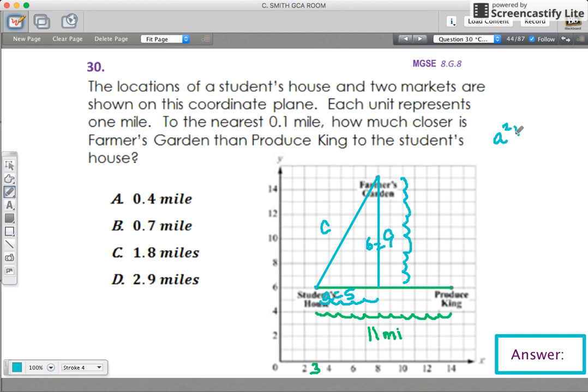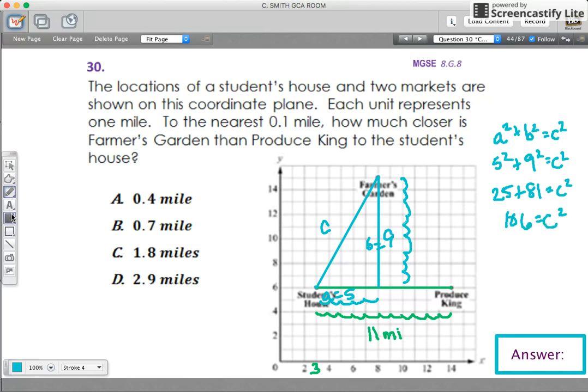A squared plus B squared equals C squared. 5 squared plus 9 squared equals C squared. 25 plus 81 equals C squared. 25 plus 81 is 106.